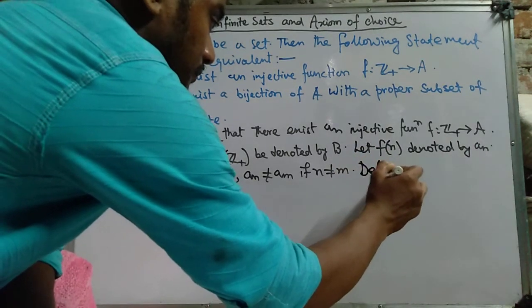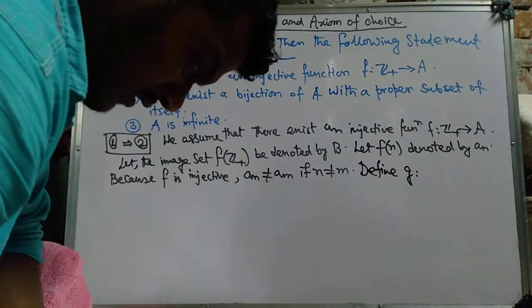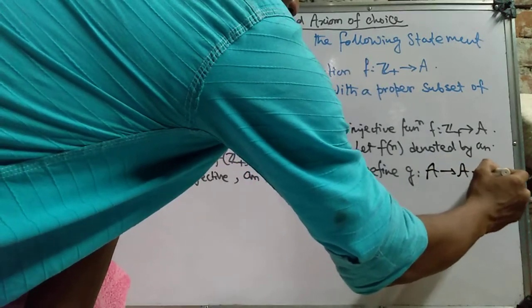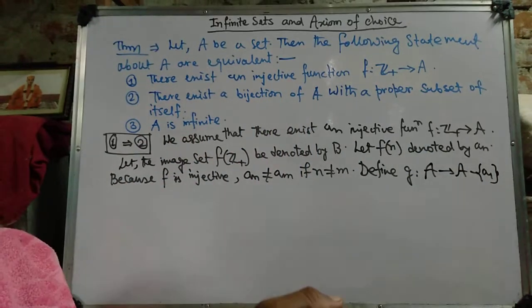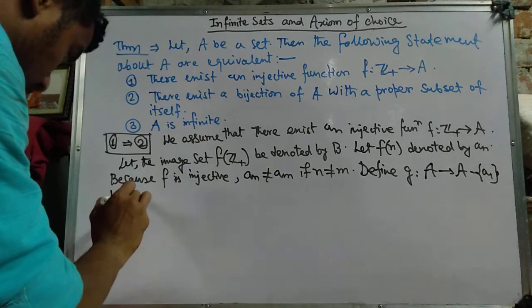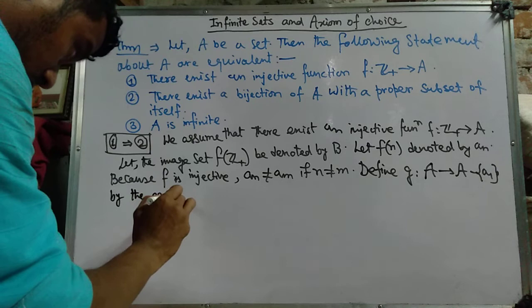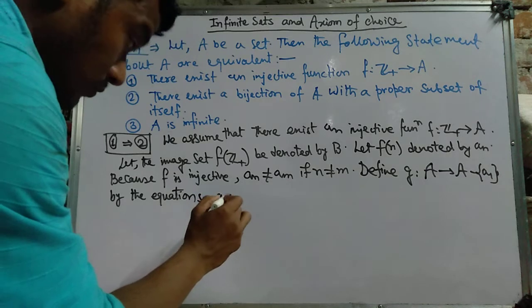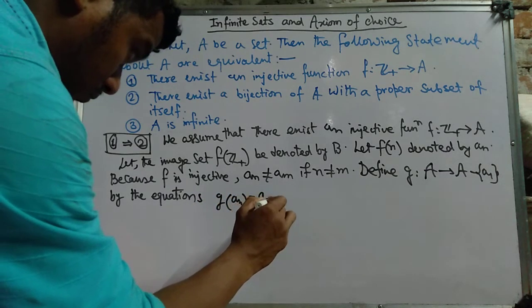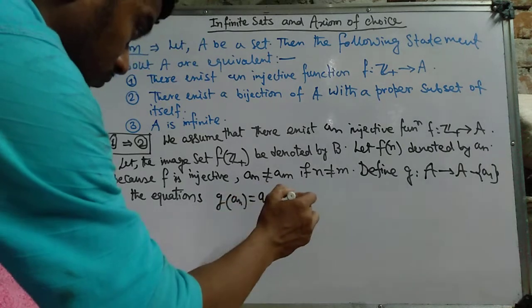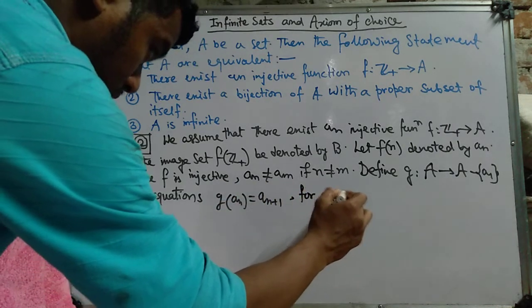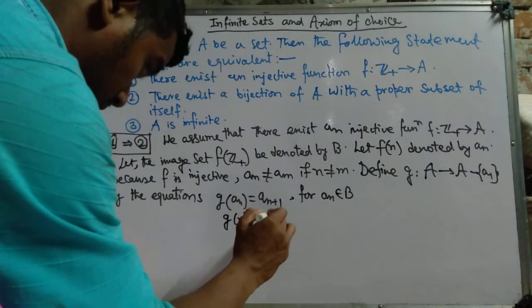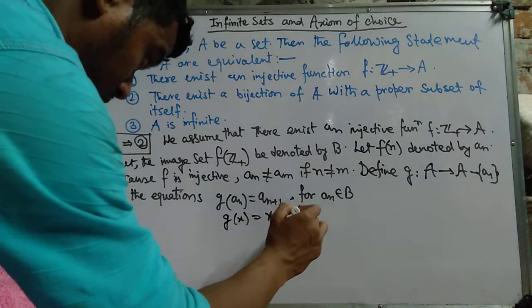Define G from A to A minus {a_1} by the equation G(a_n) = a_(n+1) and G(x) = x otherwise.